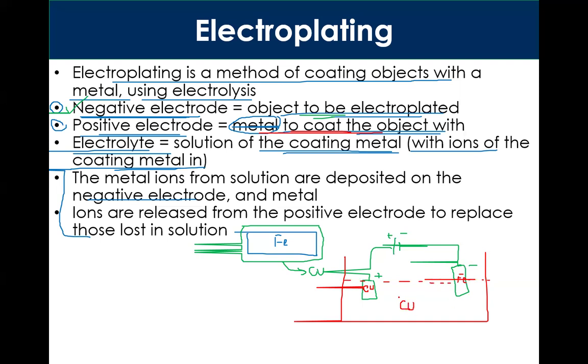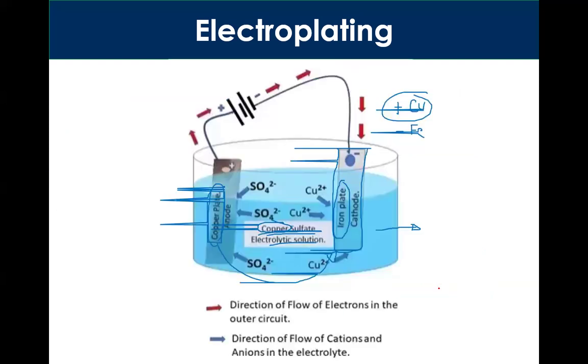So we have copper sulfate solution. Let's look at this example: we have a copper plate at the anode, and the sulfate will get oxidized at the positive electrode.